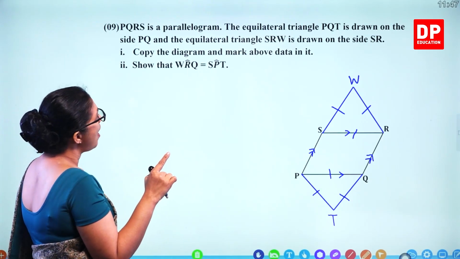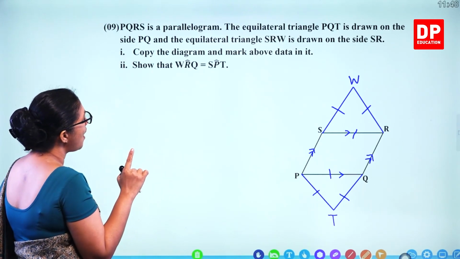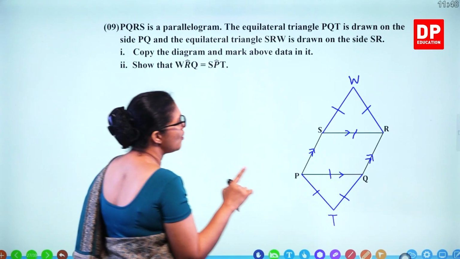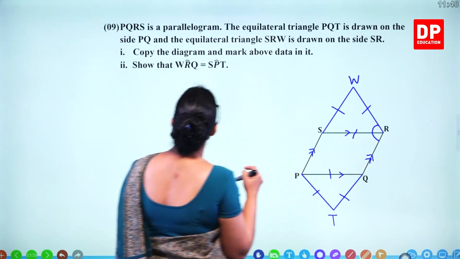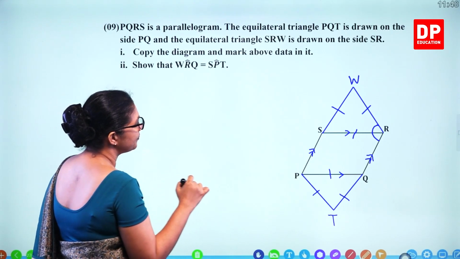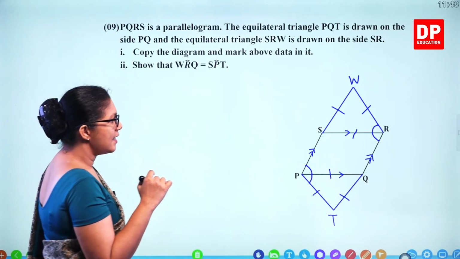Copy the diagram and mark the above data. In it, show that angle WRQ is the same as angle SPT. So that's easy.